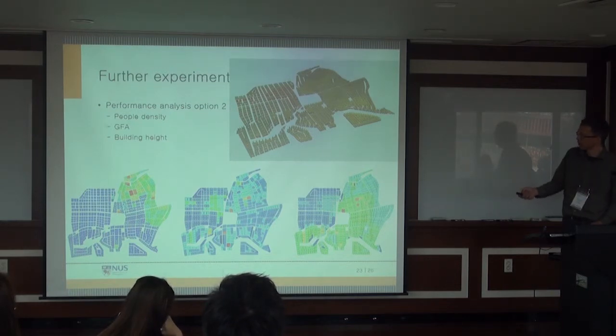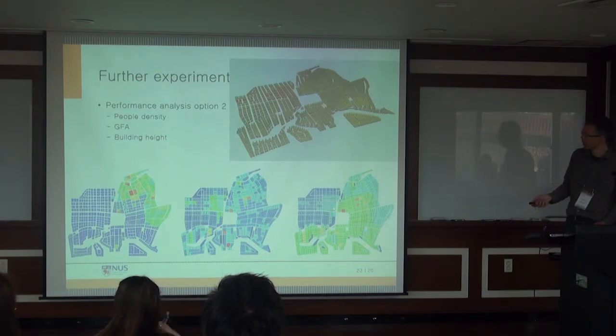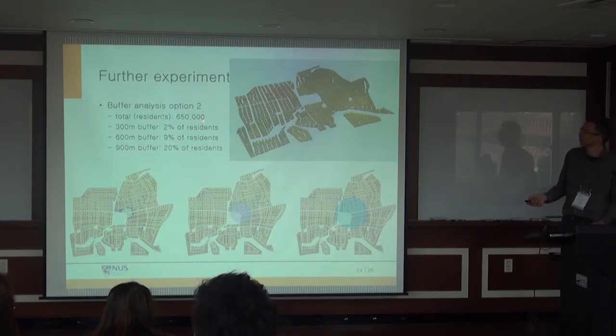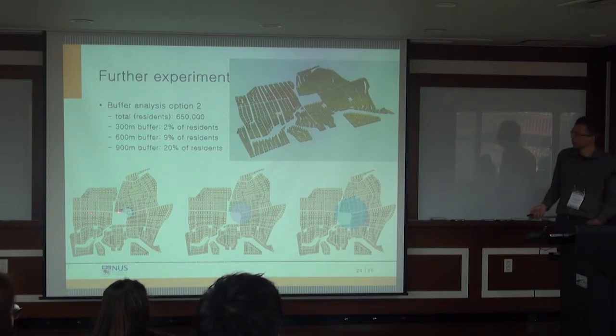Doing the same analysis, I won't put them next to each other. You can somehow see the differences. The most interesting differences are actually in the buffer analysis, where you see that the total number of residents is smaller, but it's okay because it's not the entire area. But there are more people, almost double the amount of residents living within a certain radius of this particular point.